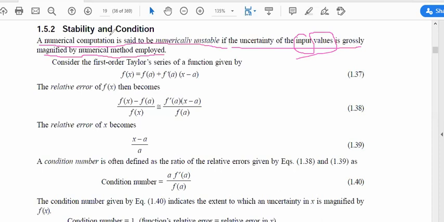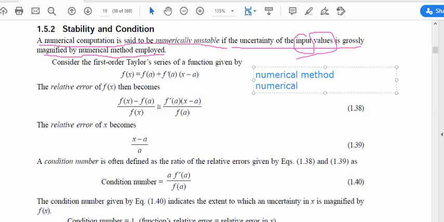After applying the numerical method, that computation is known as a numerical computation. Is it clear?